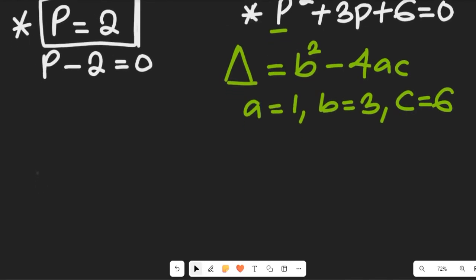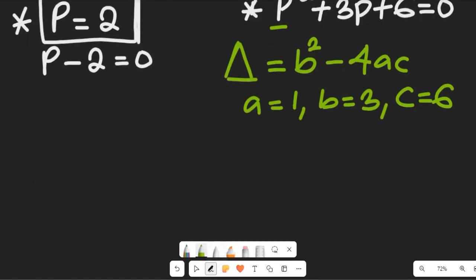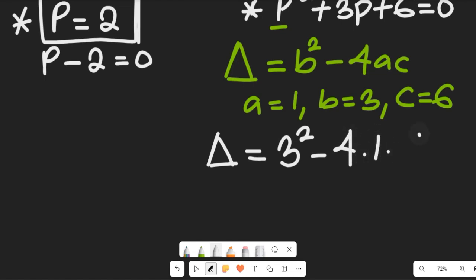So if we simplify that expression by inserting the values of a, b, and c, our discriminant will be equal to b squared, which is 3 squared, minus 4 multiplied by 1 multiplied by 6. So this will be equal to 9 minus 4 times 6, which is 24.